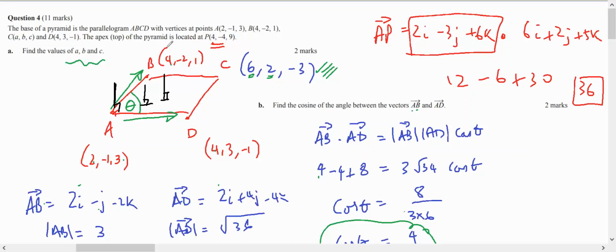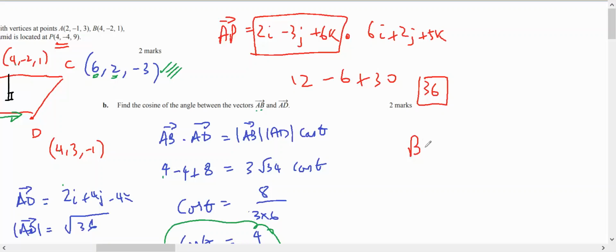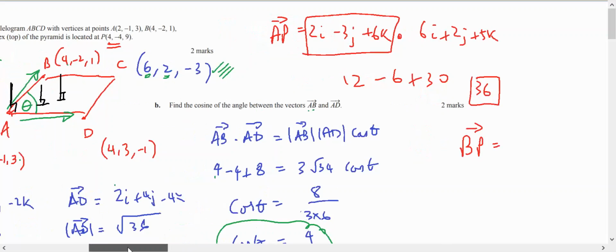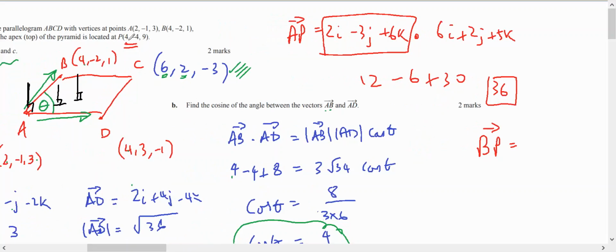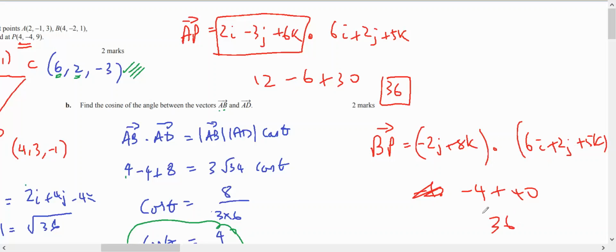Now, that's choosing A to P. Just to show you I get the same value, if I did B to P, that would give me P to B. That's 0 in the i, minus 4 minus 2 is minus 2 in the j, and 9 minus 1 is plus 8 in the k. And if I did the dot product of this with 6i plus 2j plus 5k, there's no i's, 2 times minus 4 is minus 8, plus 8 times 5 is 40, I get 36.